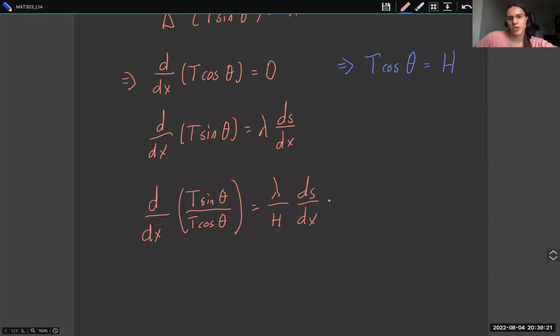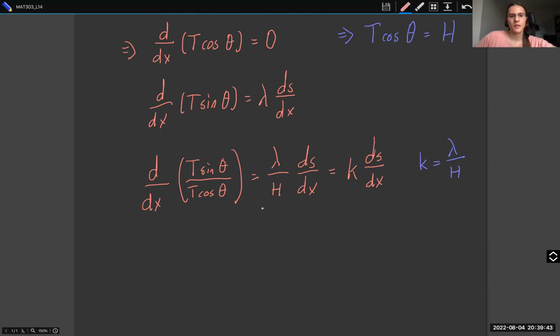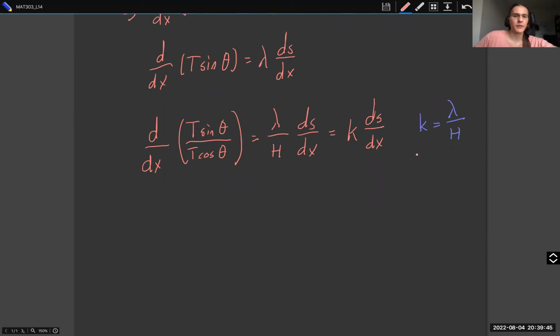And we're just going to refer to this as k ds dx, because these are not going to get separated later. So let's just remember that k is equal to lambda over h. And we can solve for these later on.